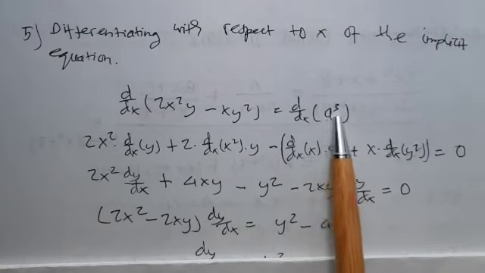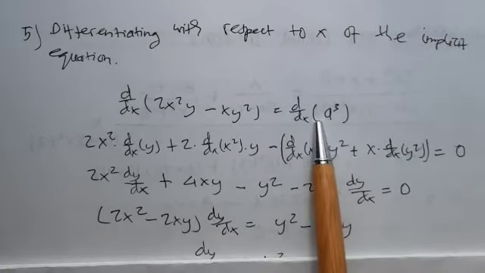Differentiation with respect to x of a constant is 0. The d/dx of a cubed is 0.